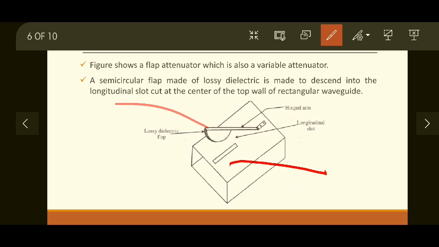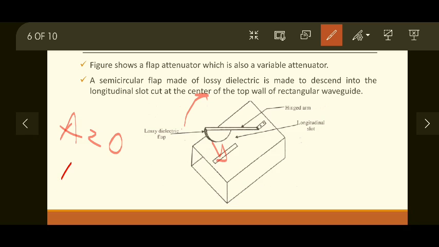This is a non-radiating slot cut at the center of the top wall. Center means this distance and this distance should be equal, of the rectangular waveguide. So this flap will move inside this particular slot and go into the waveguide. When this flap is completely outside, attenuation is 0.